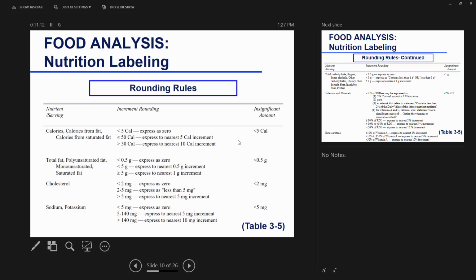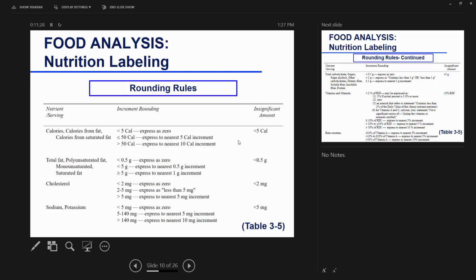Okay, so here, what do you claim? Less than 5 calories, you can express it as 0 calorie, for example. And then there's the rounding rule. This is important for your project when you generate your own nutrition information table.